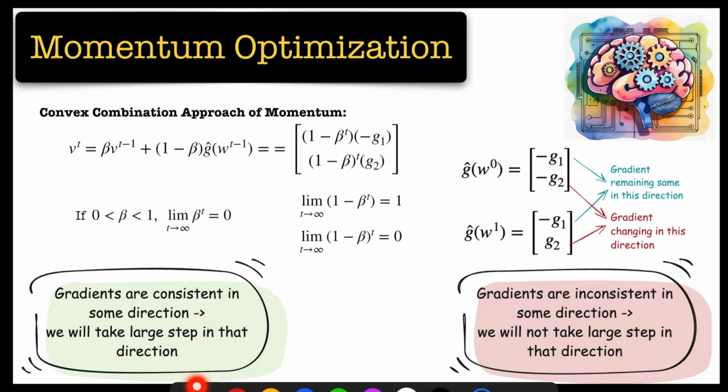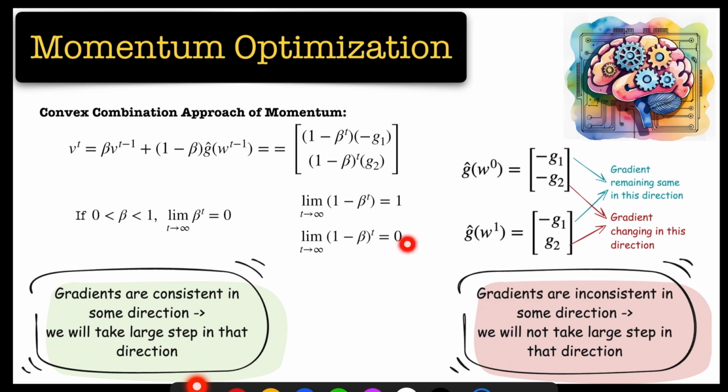So what we are getting here is that in the first direction the gradients were the same, right? In Ĝ(W0) we see −G1 and −G1, so gradients are the same in the first direction. In this case we are getting 1. In the second row, gradients are not the same, so it is taking a different direction: −G2 and G2, that means totally different directions.